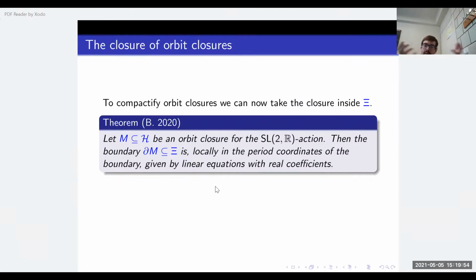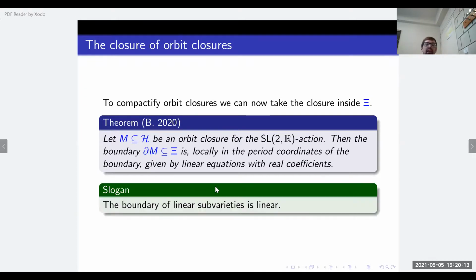The orbital closure, by this theorem of Eskin, Mirzakhani and Mohammadi, is locally in period coordinates given by real linear equations, and the statement here is that the same is true for the boundary. It is still given by linear equations with real coefficients. The general statement maybe is not so important, but the slogan is very easy: you take a linear subvariety, something defined by linear equations among the periods, you take its boundary, and it's linear again.